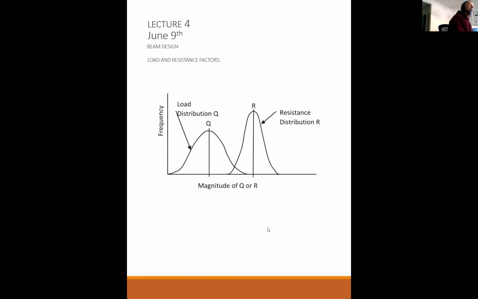If we look at a distribution of the load and a distribution of the resistance, Q is your demand and R is your capacity. If you anticipate your load demand to be Q, then there's a statistical spread of what the load will really be. Remember from statistics, you have standard deviations.